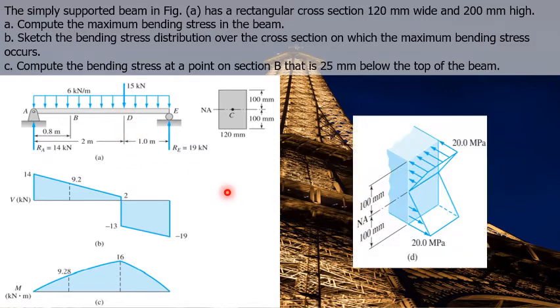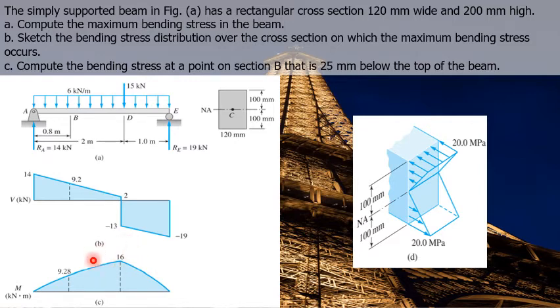So for the bending stress distribution, from the neutral axis towards the top of the beam, and from the neutral axis towards the bottom of the beam, the bending stress varies linearly. Our maximum bending moment is positive 16 kilonewton meter.